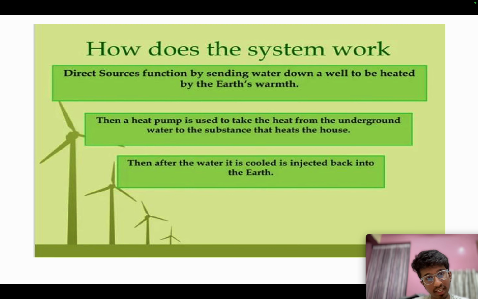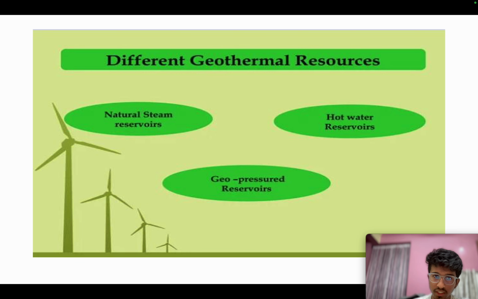The heat pump extracts the heat from the water and sends it to a substance that heats the house or the surrounding places. After that, the water is cooled and injected back into the earth. So it fetches the water, takes it up, extracts the heat and sends it to the source required, and injects the water back through the well. So it's a cycle, and it's also a renewable energy.